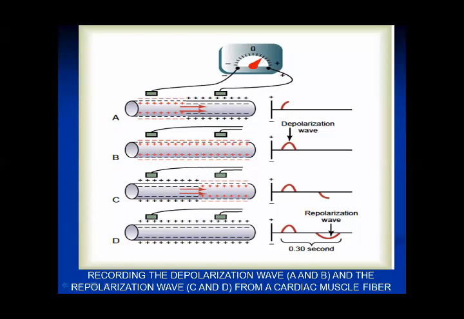That gives us a principle: whenever the electrodes are placed in their respective electronic fields, the negative electrode in the negative electronic field and the positive electrode in the positive electronic field, there would be a positive wave formation, as you can see over here.